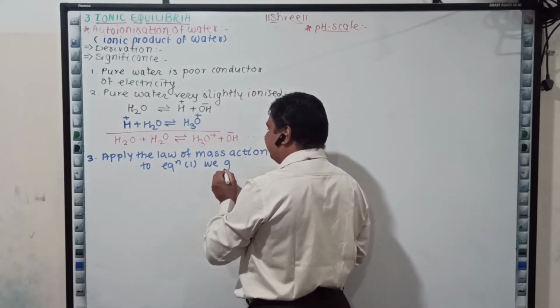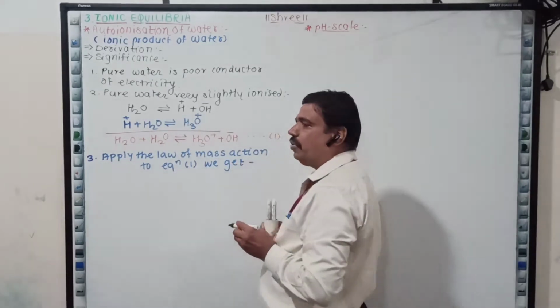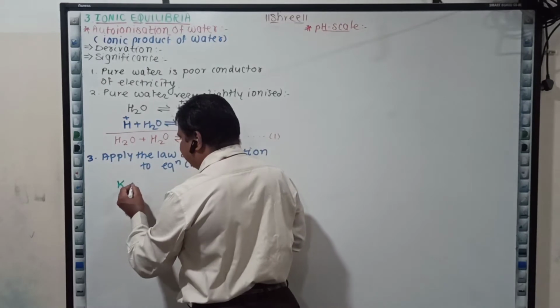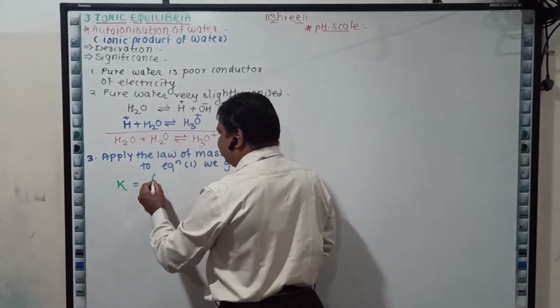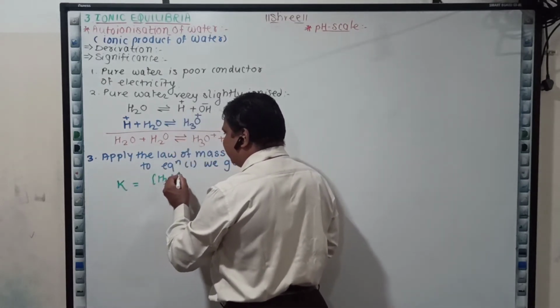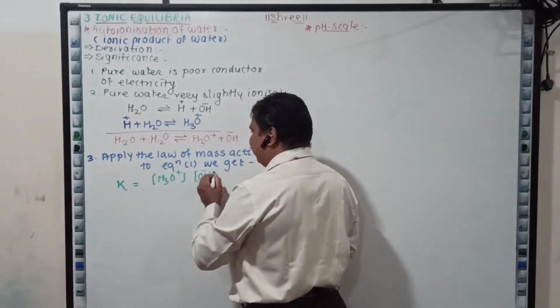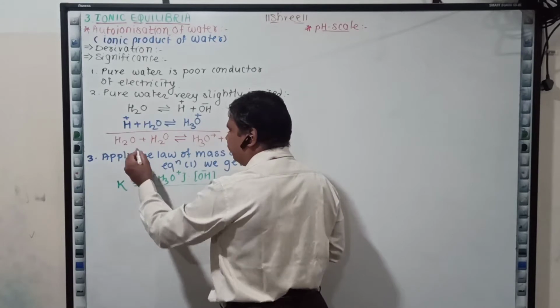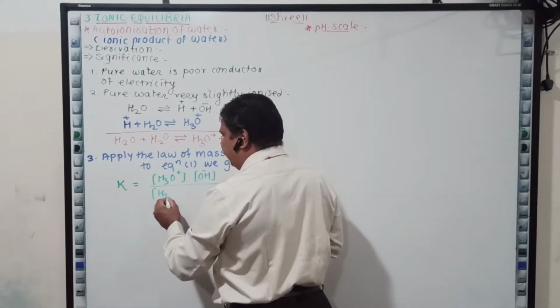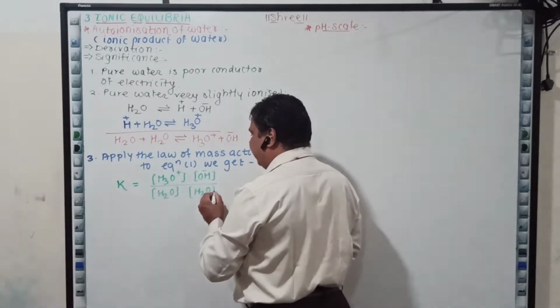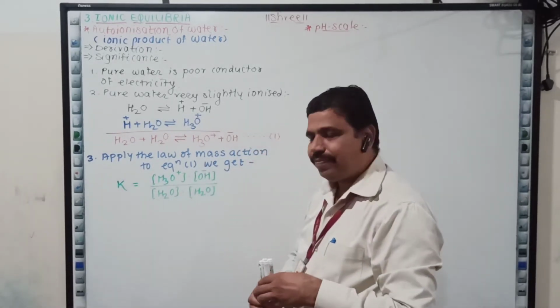We get dissociation constant K as K is equal to concentration of H3O plus into concentration of OH minus upon concentration of H2O into concentration of H2O.